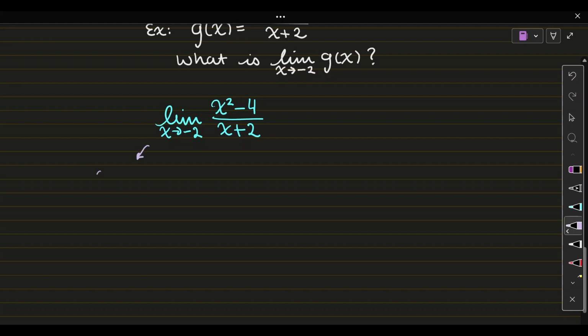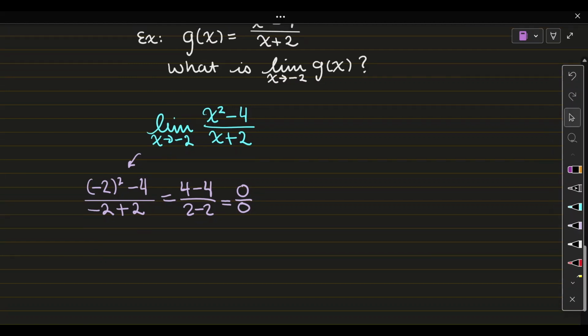If I just plug in values, I have negative 2 squared minus 4 over negative 2 plus 2. Well, this gives me 4 minus 4 over 2 minus 2, which is 0 over 0. That's a problem. I don't know what to do about that. We call it an indeterminate form. And so we can't just compute this limit by plugging things in outright.